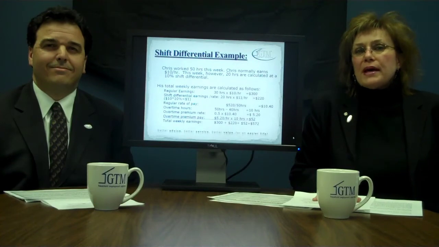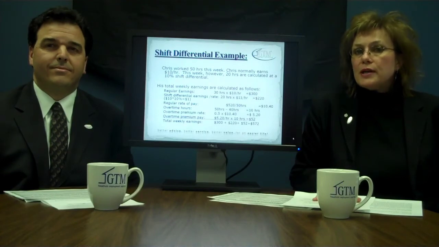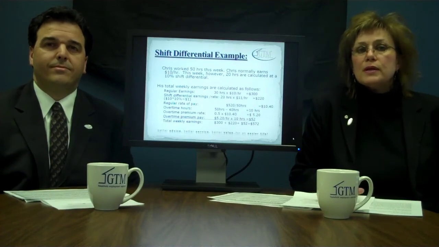The regular rate of pay, $520 now, with the two added together, divided by the 50 hours, equates to $10.40. The overtime hours will be the 50 hours less the 40 FLSA hours, equating to 10 hours.